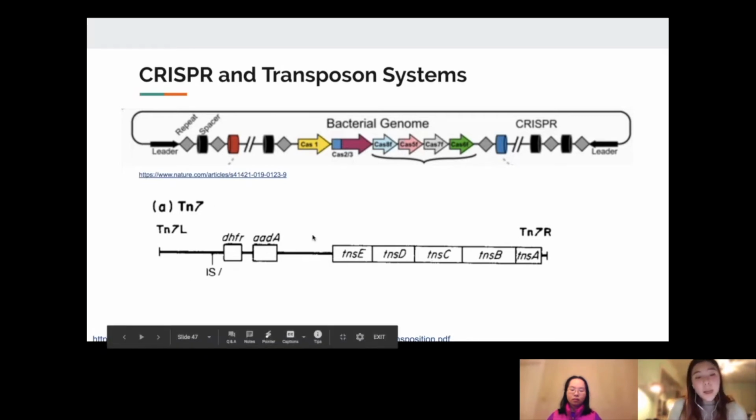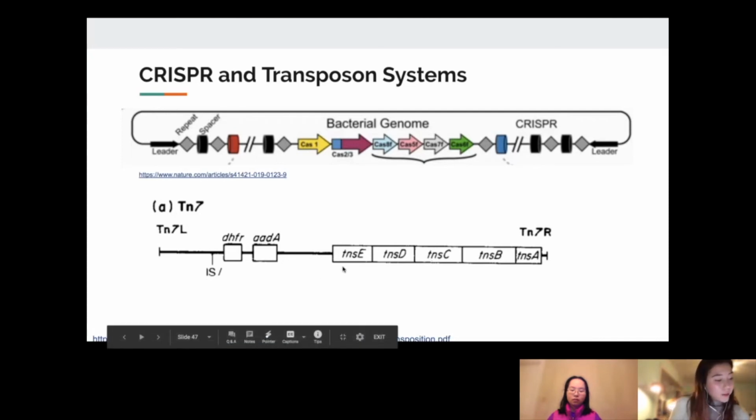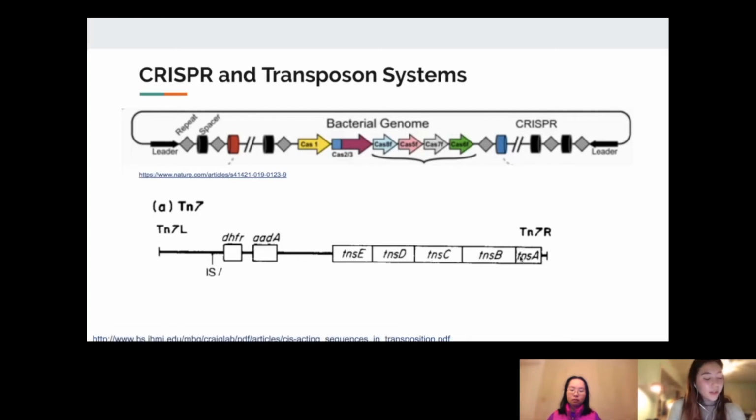On the bottom of this page, we have a transposon system. What we have here is TN7, a transposon system that's found in E. coli. It encodes 5 TNS genes, TNS A through E. TNS A and B are enzymes that excise a transposon donor, that would be a donor DNA sequence, and then they both catalyze DNA integration into the bacterial genome.